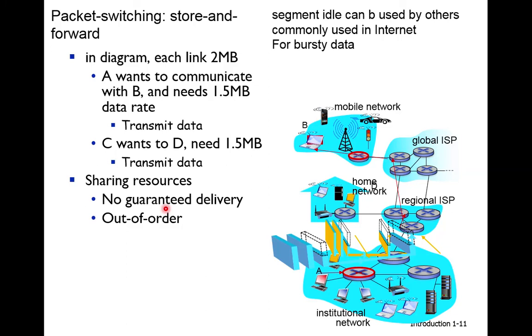The packet may be lost, and the packet may be received out of order, because one packet can be sent on this path, and another packet can be sent on that path. The first packet may take a longer path, and the second packet may take the shorter path and reach earlier than the first packet. So there can be out of order, and the packet can be lost. We have already discussed it in chapter number 1.